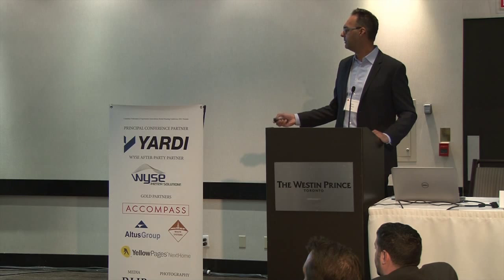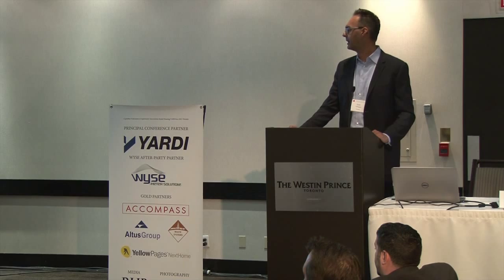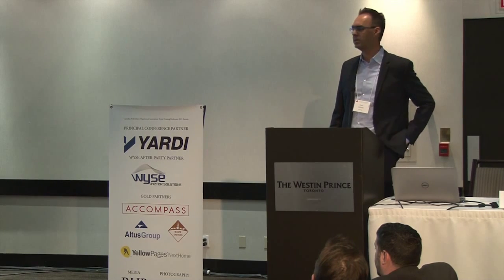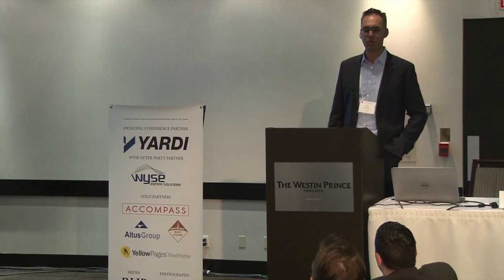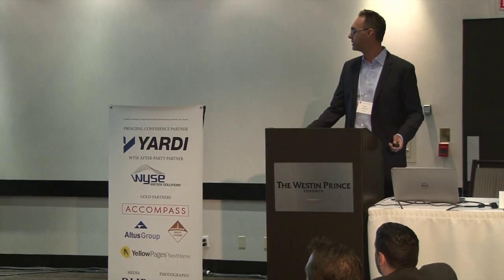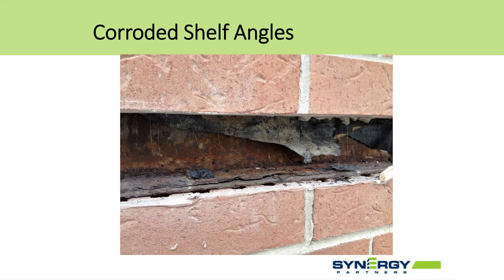And very easy to walk past this. And I guess subsequent to a review, it was recommended to do some further investigation and to do some openings in the walls. And so what you find after doing some openings is that the embedded steel shelf angles are in fact corroded, and they're corroded to the point where they are starting to lose structural capacity.